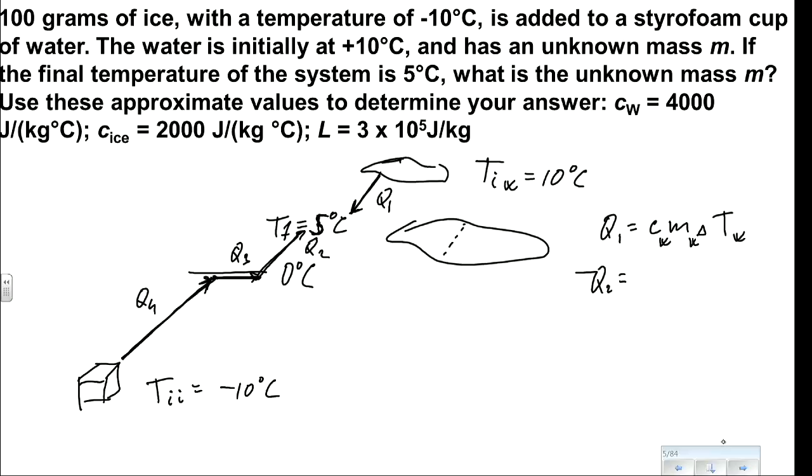Q2, what substance, what process? Water changes temperature, but this is a different type of water. The amount of this type of water is different because it comes from ice. So it should be the mass of ice. And delta T, I don't know, just 2.